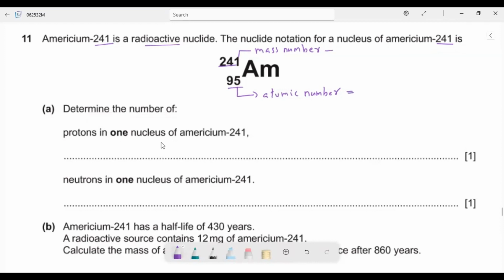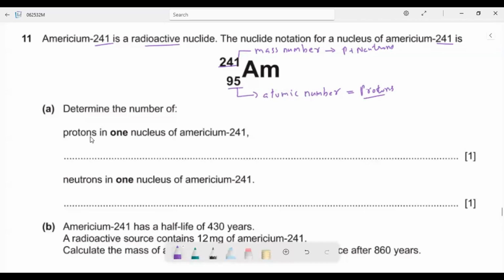Mass number means it is the sum of the number of protons and neutrons. Atomic number is the number of protons.